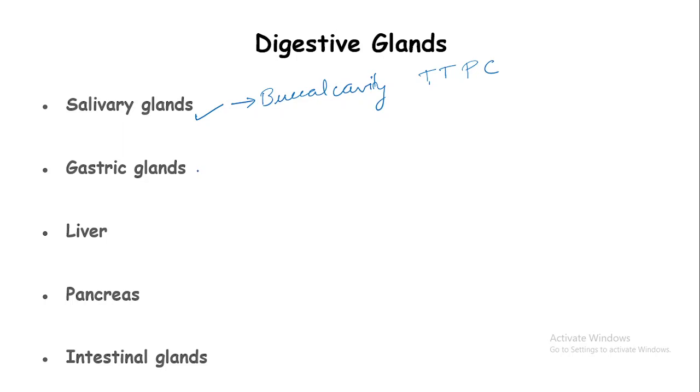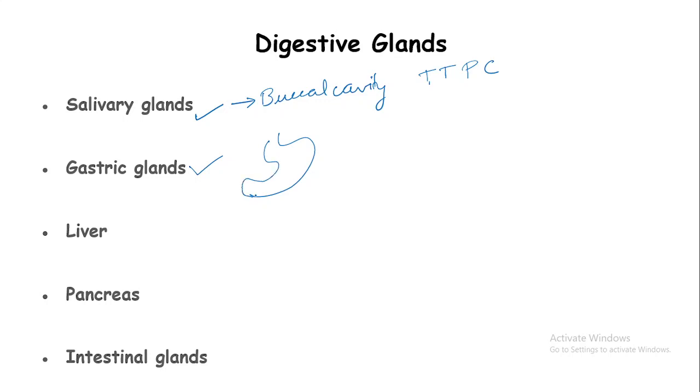The second set of glands: as mentioned, the esophagus does not have any glands per se. They only possess mucus-producing glands, so that the bolus moves down the esophagus without much friction. Next are the gastric glands that are present in the stomach region.